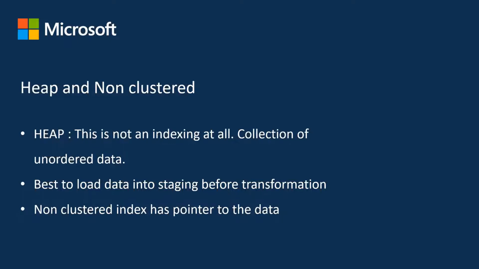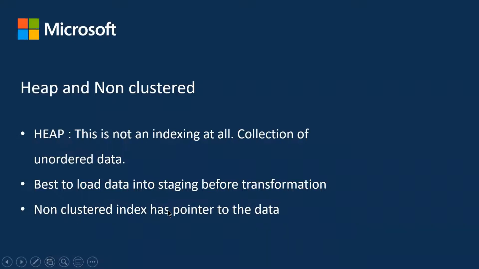But when the data is entering into the data warehouse or the staging table on the destination, you should have some kind of indexing technique. But at the source end, when you have source data that is in the heap, indexing might not be required for smaller tables. And it is best to load the data into staging before transformation, of course.